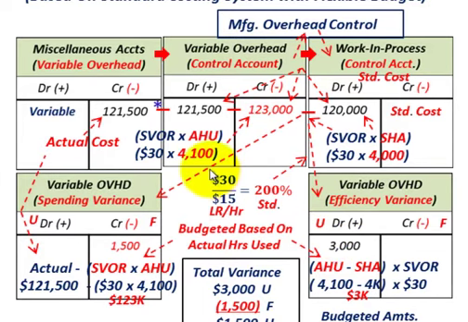But then again, I did want to point out this thing when we were talking about this standard rate. We had that $30 per hour, the standard variable overhead rate we established for the period, divided by $15 in direct labor hours as a standard rate, which gave us that 200% standard variable overhead cost based on your direct labor dollars.